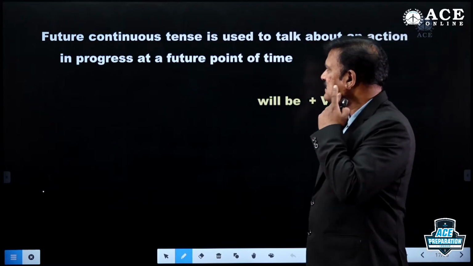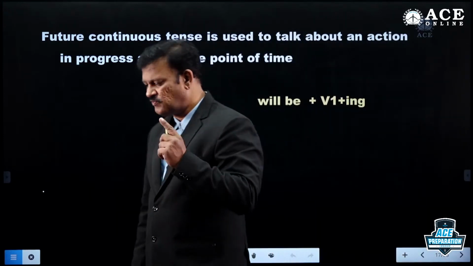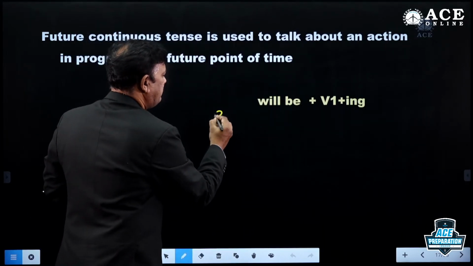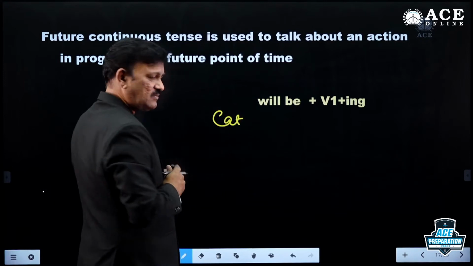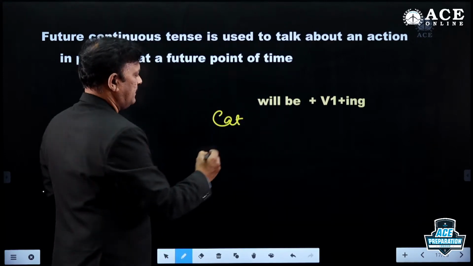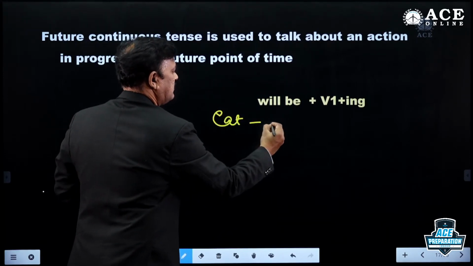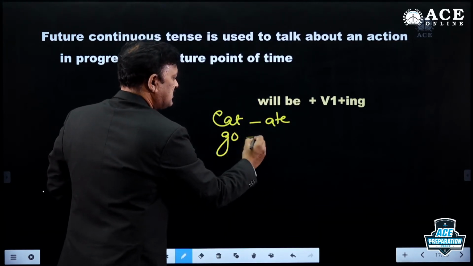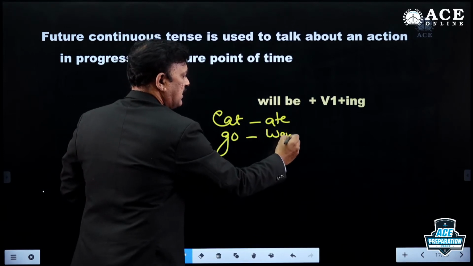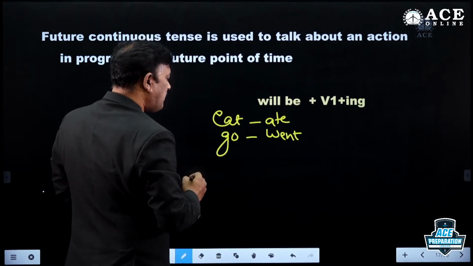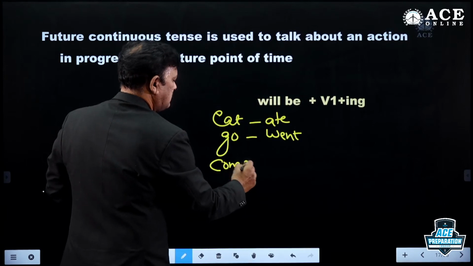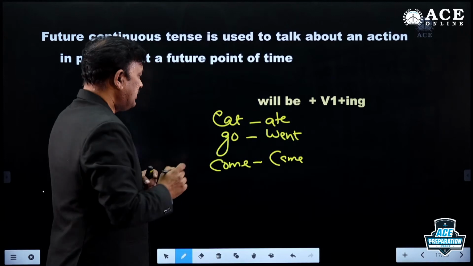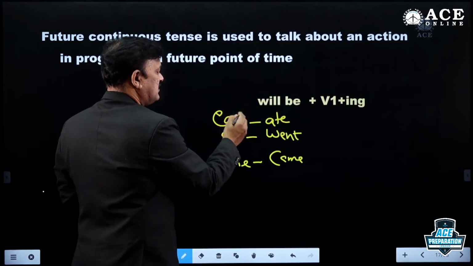Fine. Another interesting point is this future. If you guys observe, look at this. I will give you one action. Give me the past form for this. Now, give me the future form for this.